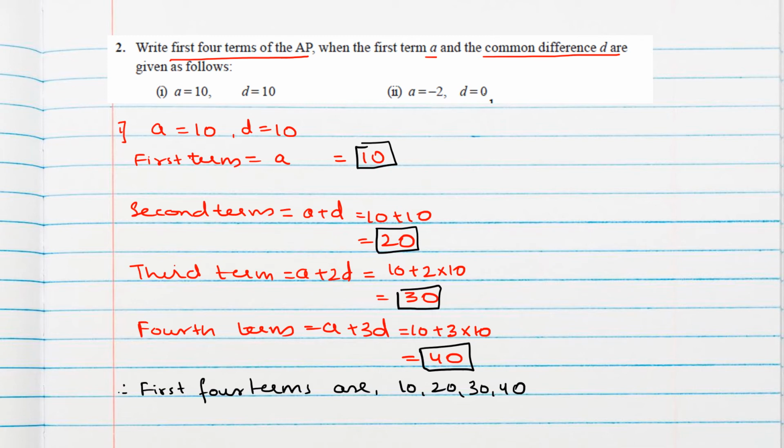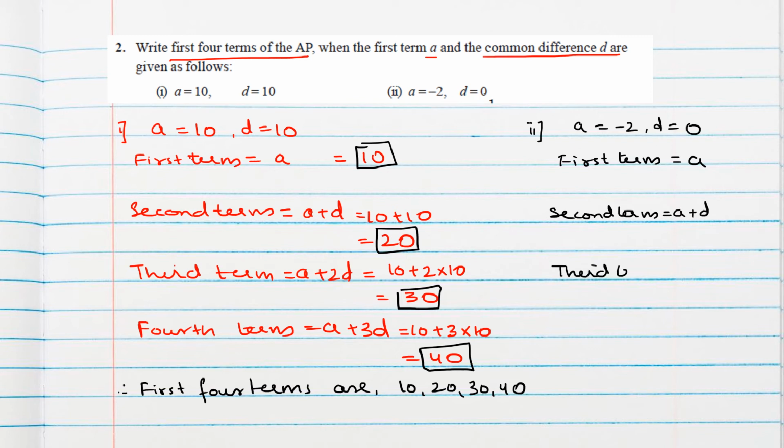For the second question, A is minus 2, D is 0. The first term is A, the second term is A plus D, the third term is A plus 2D, and the fourth term is A plus 3D.